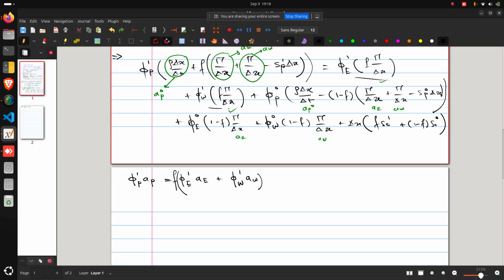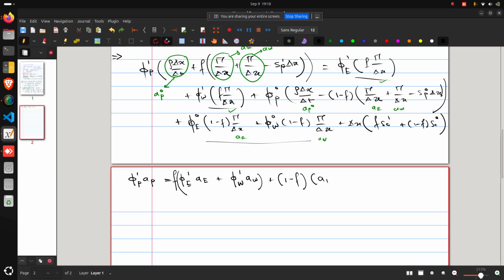This term and this term, and we'll write this as plus 1 minus f a east times phi east naught plus a west times phi west naught, right? This is gone, this is gone.